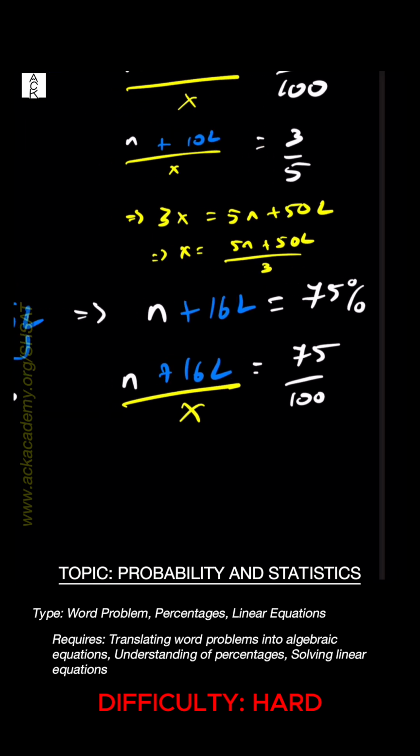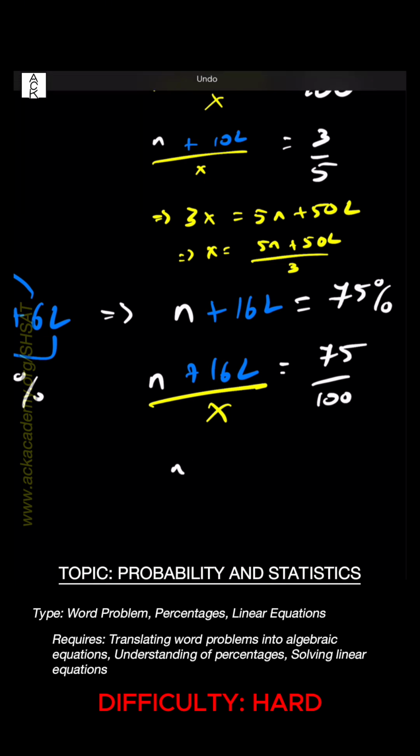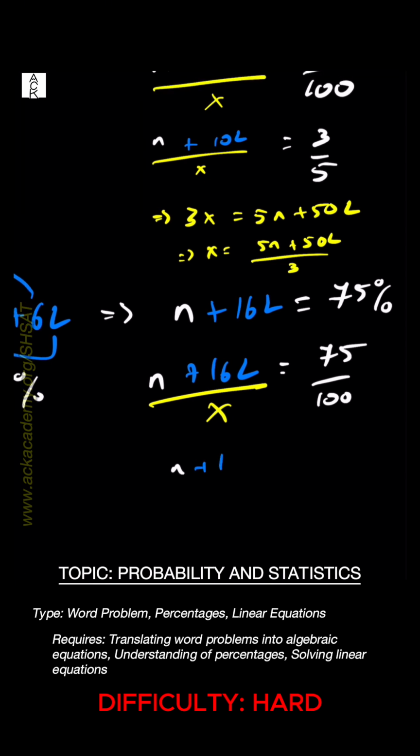And now we do the same thing here. Let's first simplify this: 75 over 100 times n plus 16L all over x is equal to 75 over 100, which is 3/4. You can think of this like quarters.